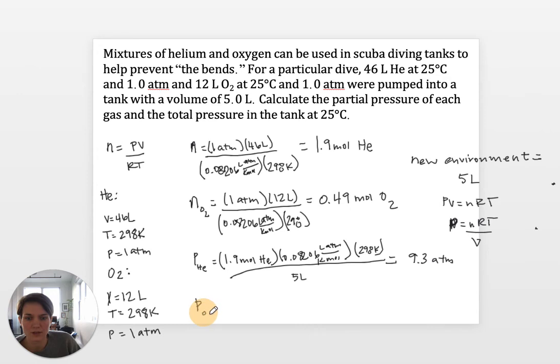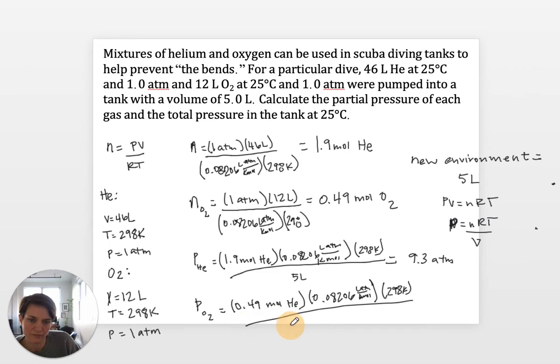We also have the pressure that oxygen is going to contribute, 0.49 moles, with R in liters atmosphere per Kelvin mole. So those are the partial pressures that those individual gases are contributing to our 5-liter chamber.